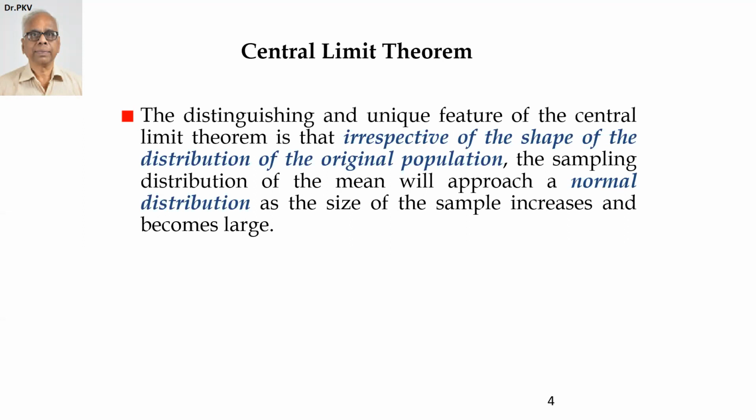Whatever be the shape of the original population, if I draw a random sample of size n and compute x bar, in a repeated manner, I keep on drawing a random sample of size n, and keep on computing x bar, then the distribution of such x bars that I have generated will still be a Gaussian normal curve, regardless of the shape of the original population, provided the sample size becomes large.